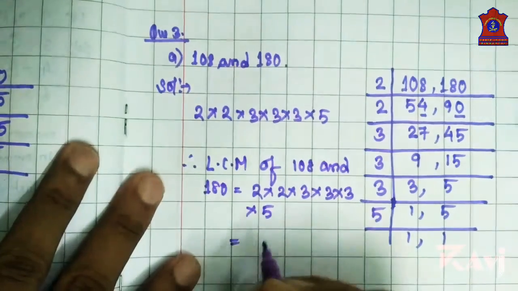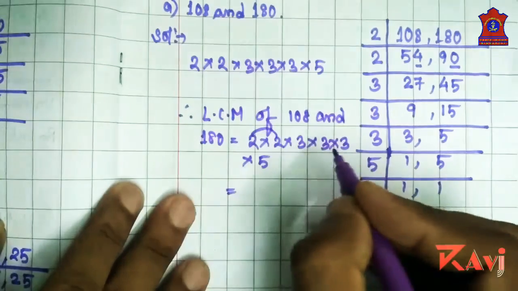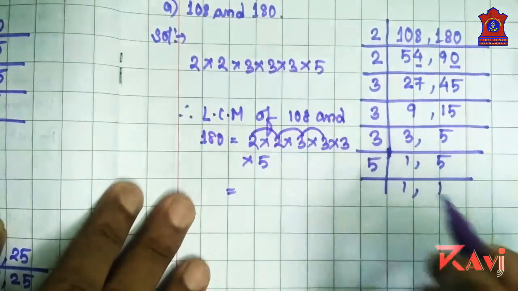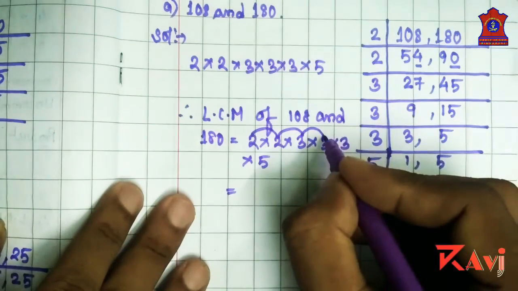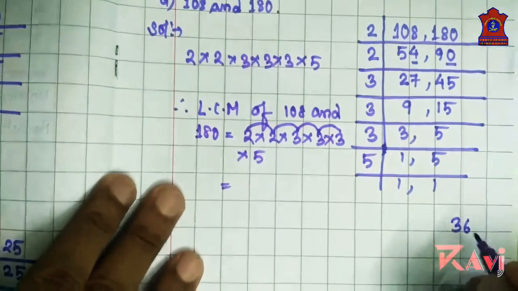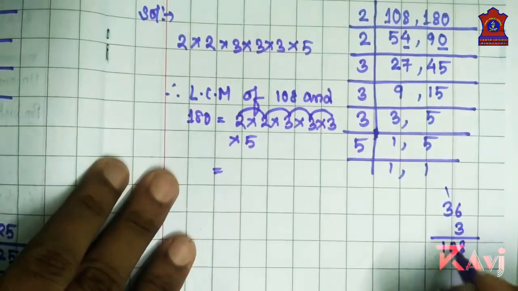Clear? Now multiply all the numbers. 2 2s are 4, 4 3s are 12, 12 3s are 36, 36 3s are, you need to multiply 36 into 3, 3 6s are 18, 3 3s are 108.